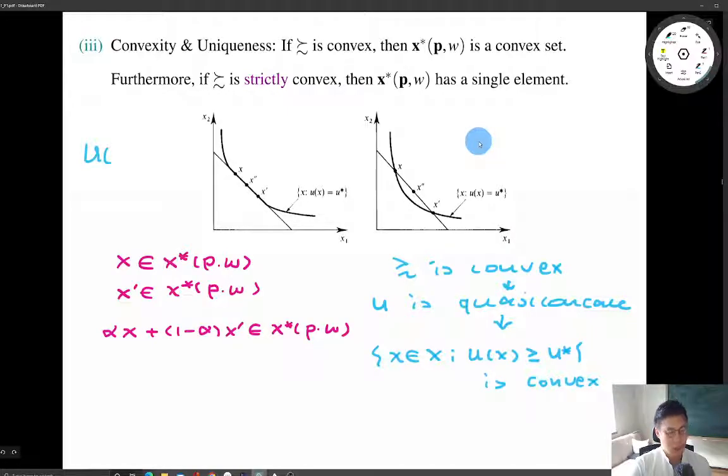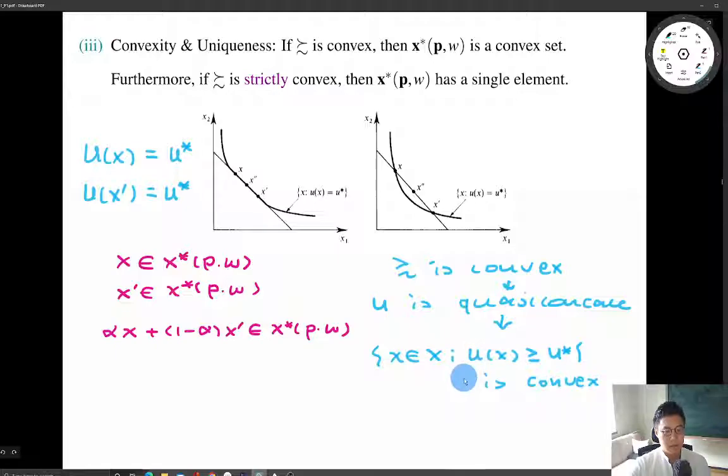By choosing X, the consumer can enjoy utility U star, and X prime is also another optimal bundle. So at that bundle, the level of utility is the same as before. That simply means X and X prime are elements of this upper contour set, right?